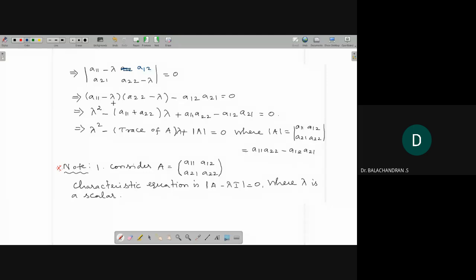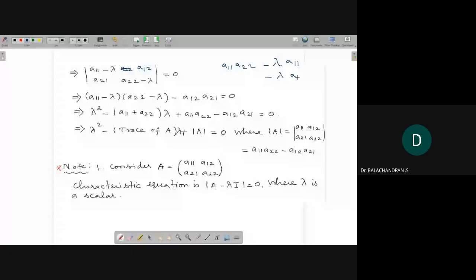Now if you multiply these two, you'll get what? A11 A22 minus lambda into A11 minus lambda into A22 plus lambda square.